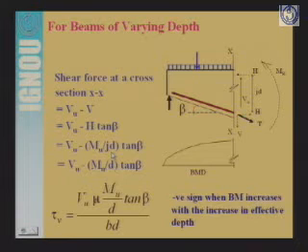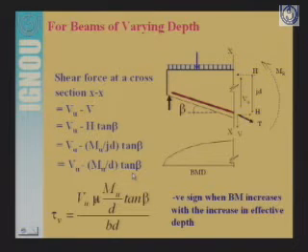Now this JD can be written as simply D, and the shear force at this cross section XX you can write as Vu minus Mu by D into tan beta. So this is the shear force at this section.